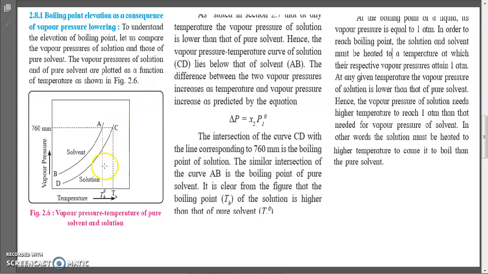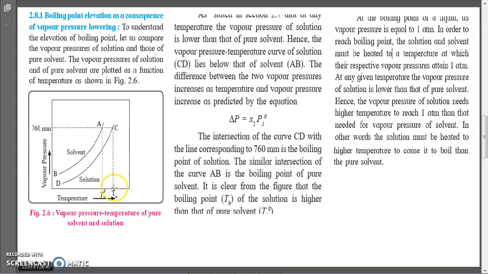The vapor pressure-temperature curve of the solution, CD, lies below that of the solvent, AB. The difference between the two vapor pressures increases as the temperature and vapor pressure increase, as predicted by the equation ΔP = x2 P₁⁰.